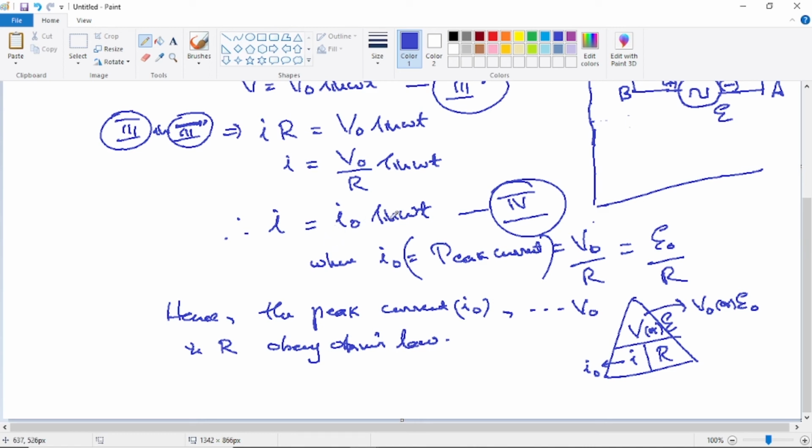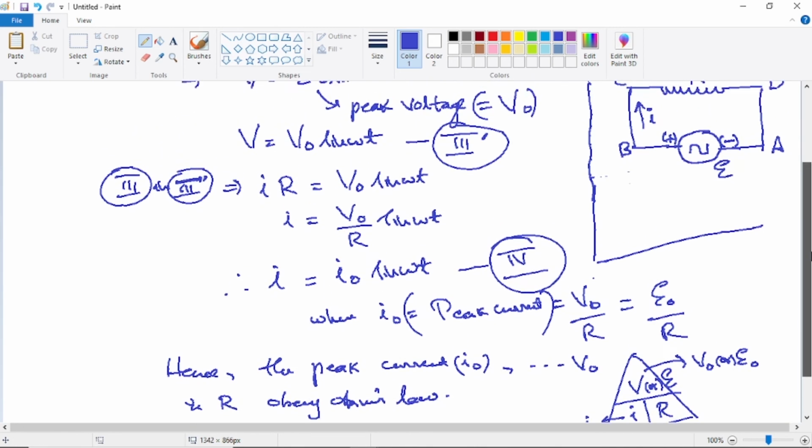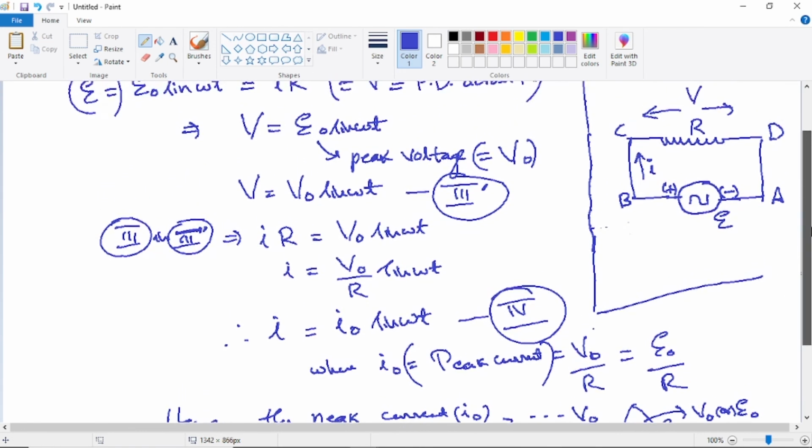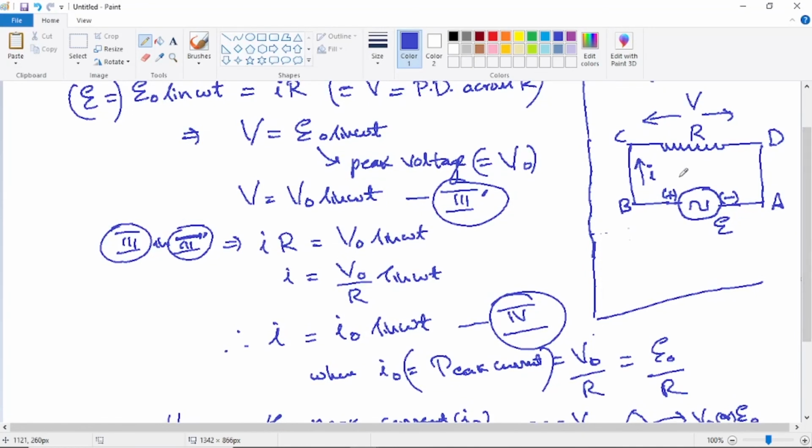Now again consider these two equations. Just see here, the voltage across the external resistance, at any time t, is nothing but, as we have already seen, the EMF of the source. Just look at the diagram, this is much easier to understand.